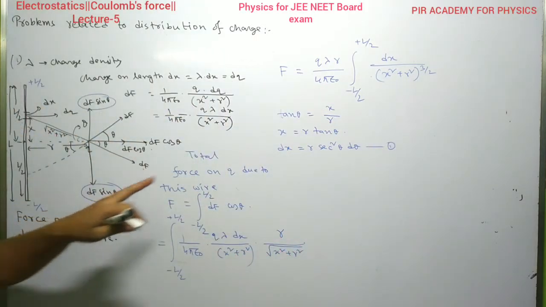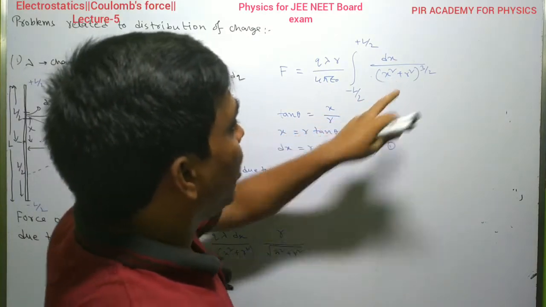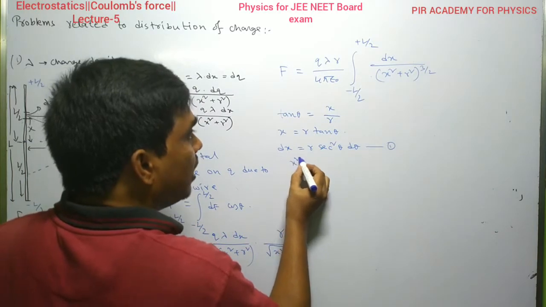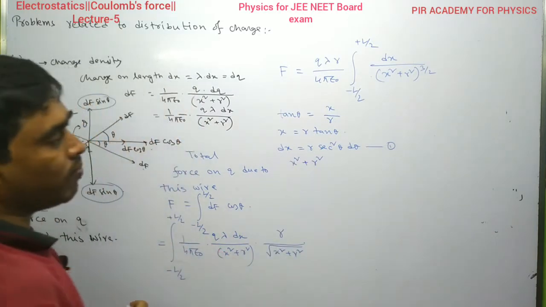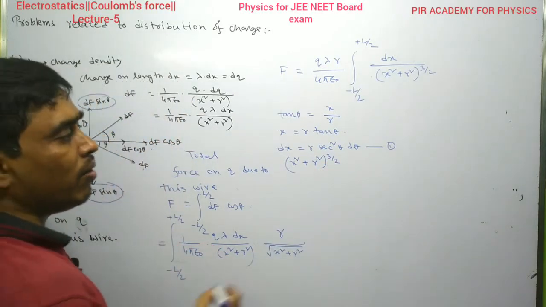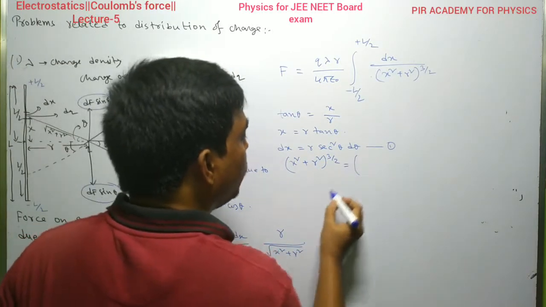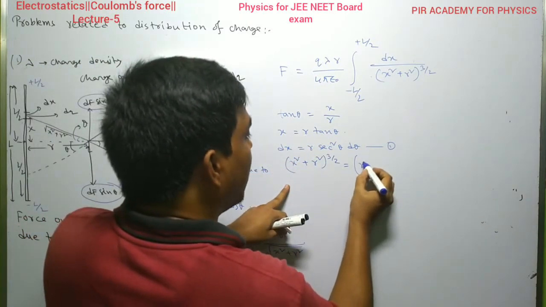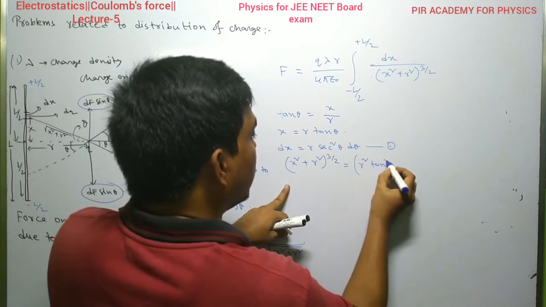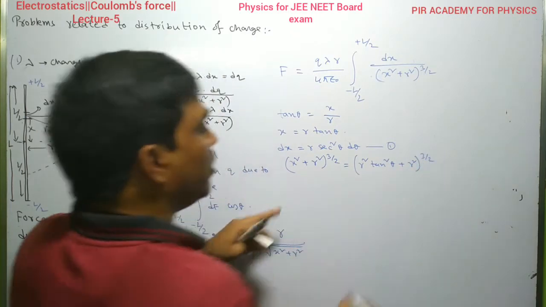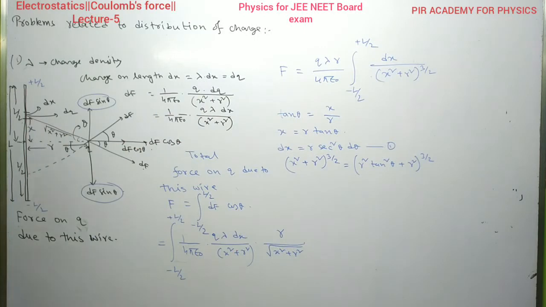And if I find out the value of (x square plus r square) whole to the power 3 by 2, what will be the value? Here x means r square tan square theta, so it will be (r square tan square theta plus r square) whole to the power 3 by 2.